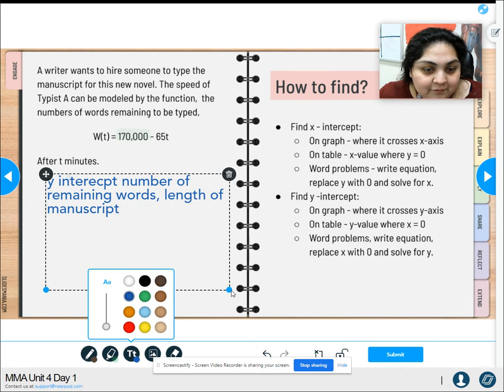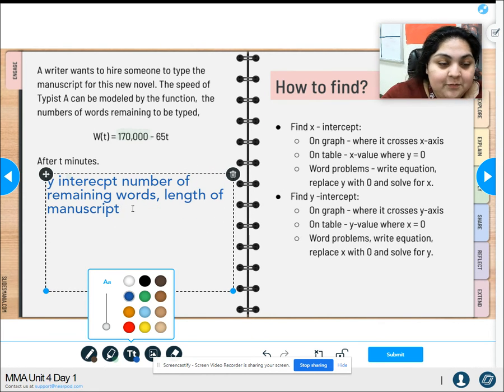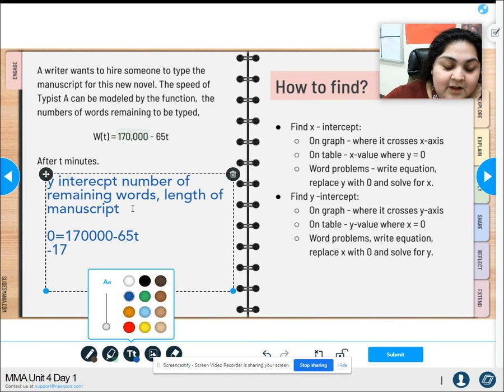All right, well now how do we figure out what the x-intercept is? Remember we have the y equals 0, so 0 equals 1,700,000 minus 65T. We subtract the 1,700,000 from both sides, and then we divide both sides by negative 65.